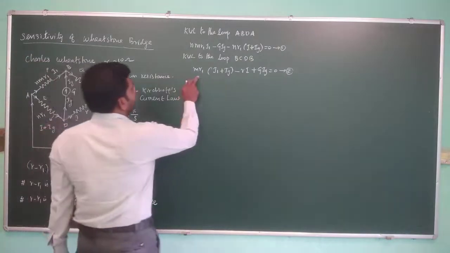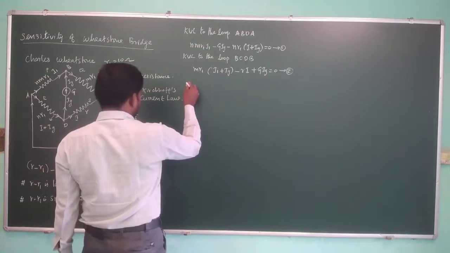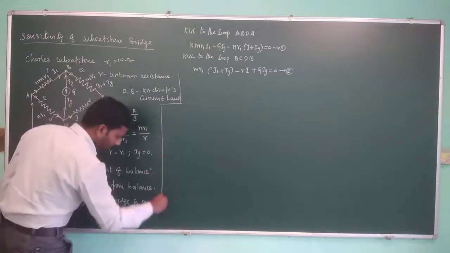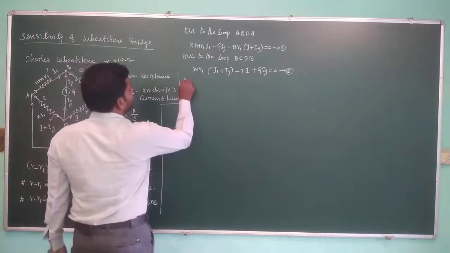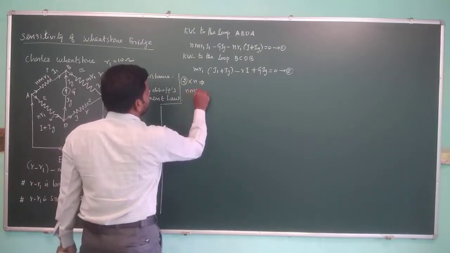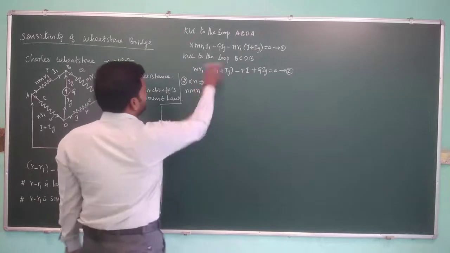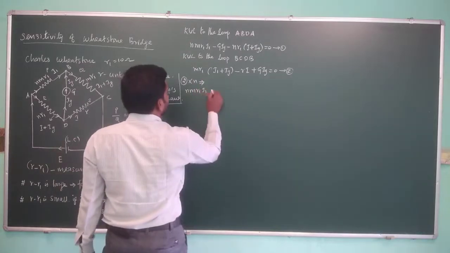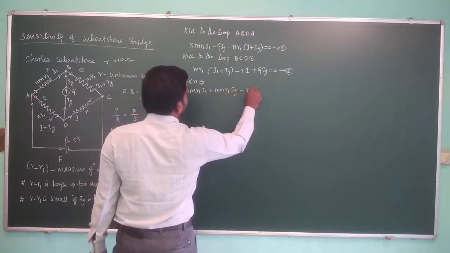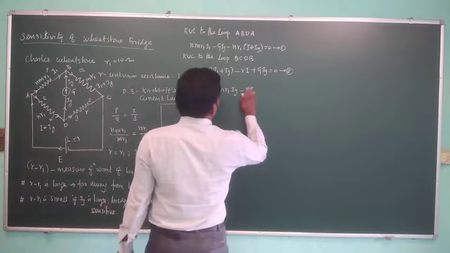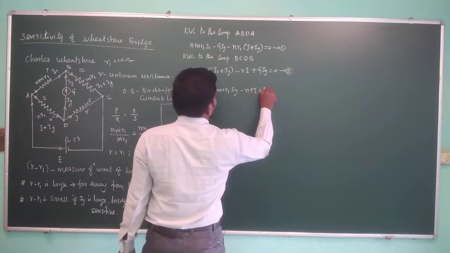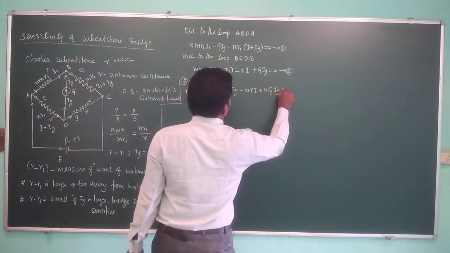Now, multiply equation number 2 with n. That will give us NMR1 I1 plus NMR1 Ig minus NRI plus NG Ig equal to 0.